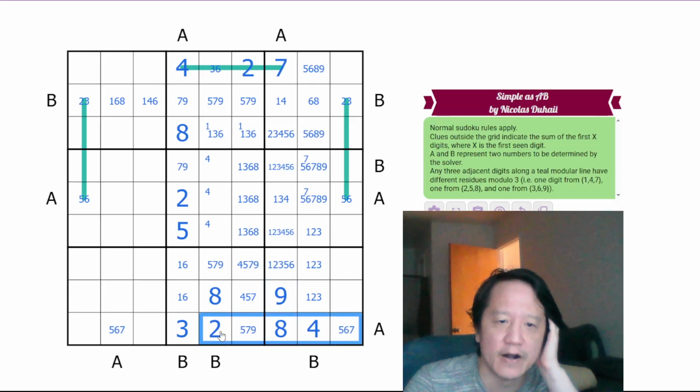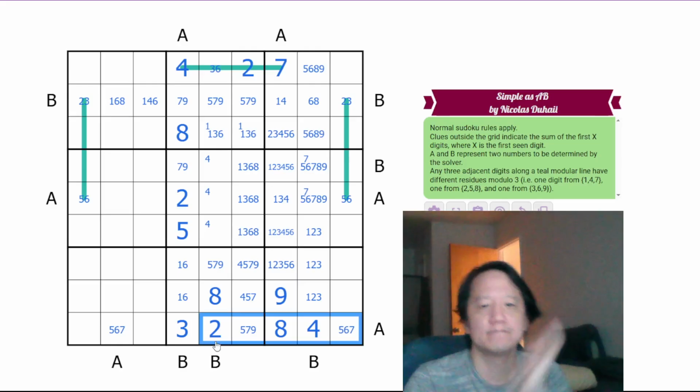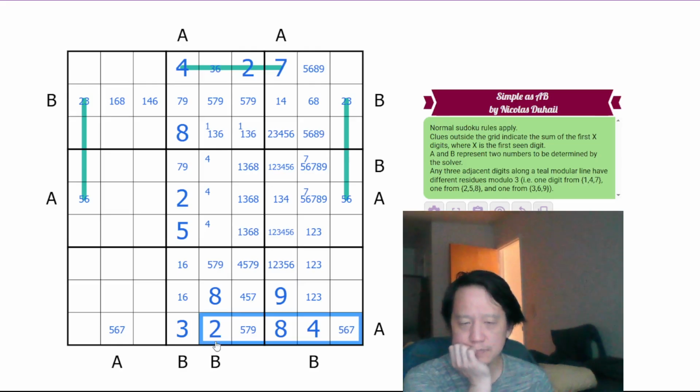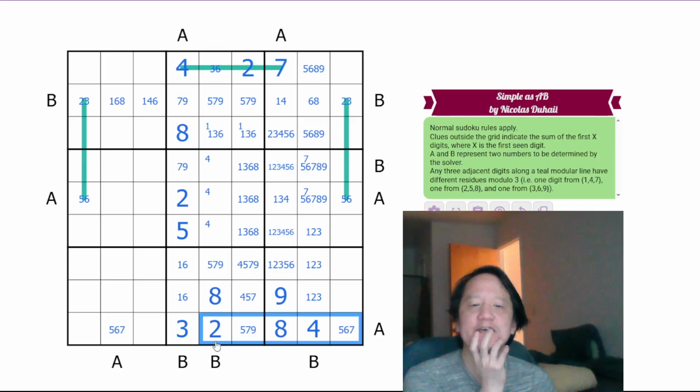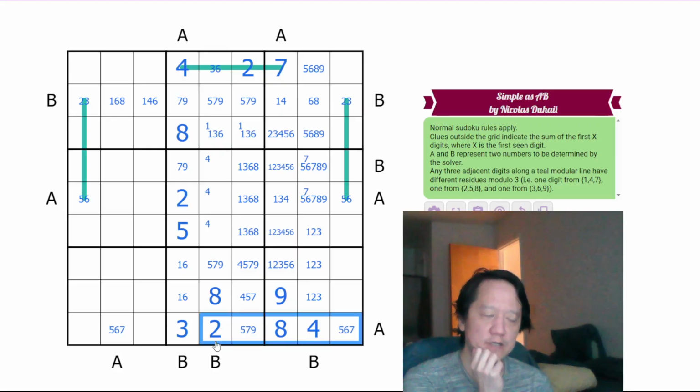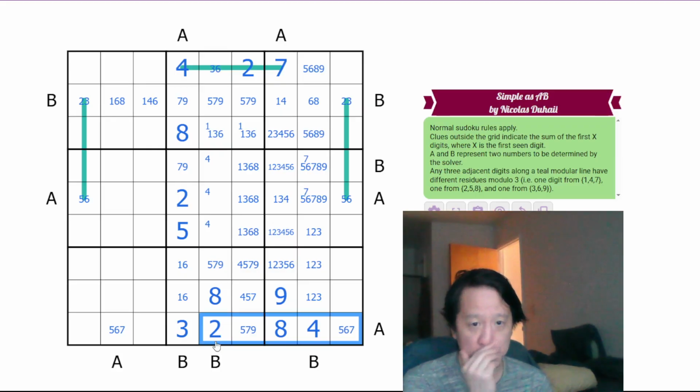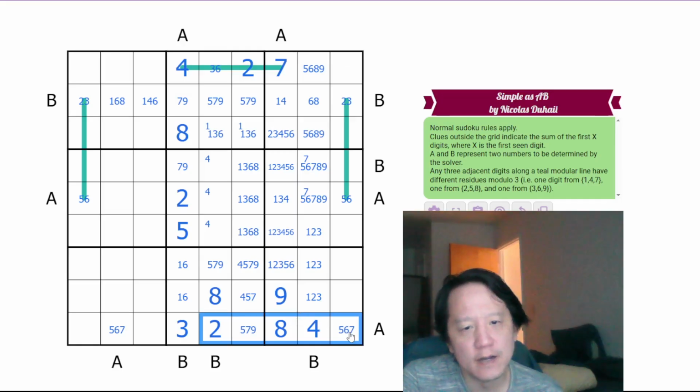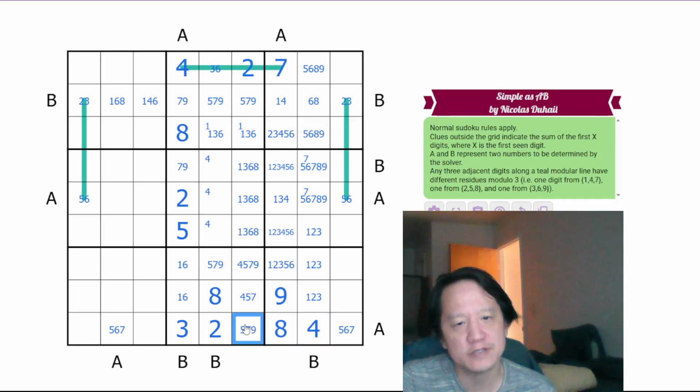Can this be 5? Adding up to 28. 5, 2, and 8. Okay, so we have 2, 8, and 4 already. That's 14. So 28 minus 14 is 14. We could have 5 and 9 there. That is possible.